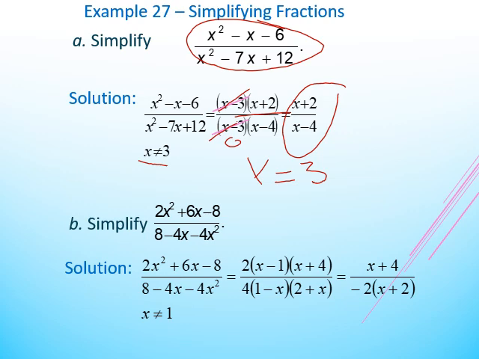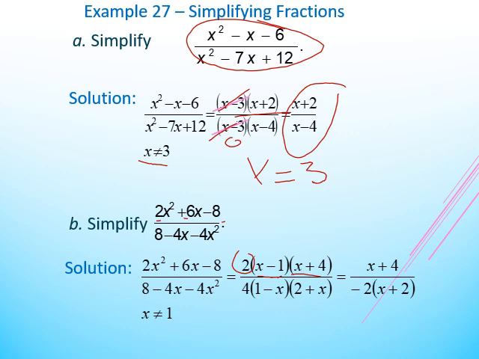Okay, let's move to another example for simplifying fractions, which is 2x squared plus 6x minus 8 over 8 minus 4x minus 4x squared. Let's put it in this form by first taking 2 as a common factor, because we have 2, 6, and 8 here. The rest we can write as the product of two brackets, x minus 1 and x plus 4.